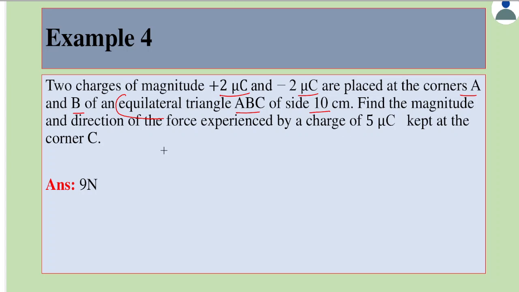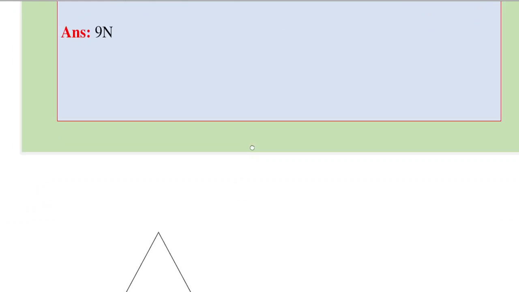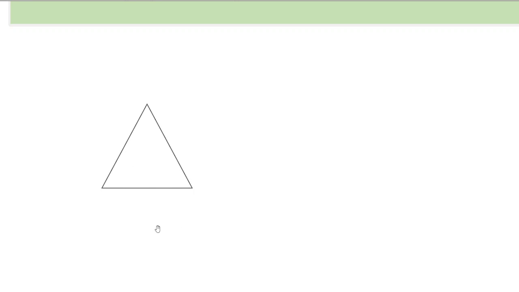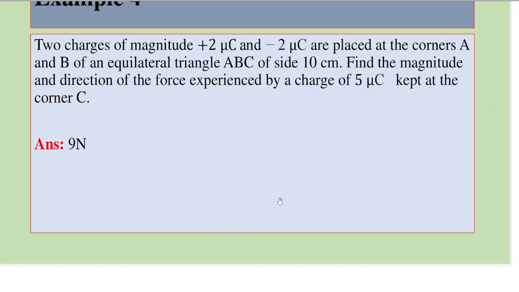Find the magnitude and direction of the force experienced by a charge of plus 5 microcoulomb kept at the corner C. We'll first draw a triangle as given here. We'll call this as point A, this as point B, this as point C. There's A, B and C, and each side is given as 10 centimeter.